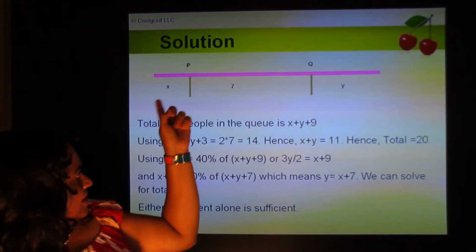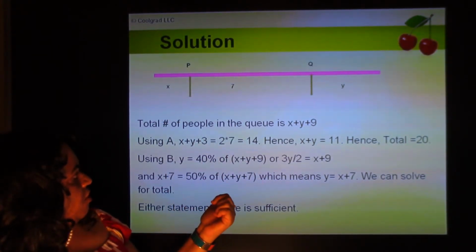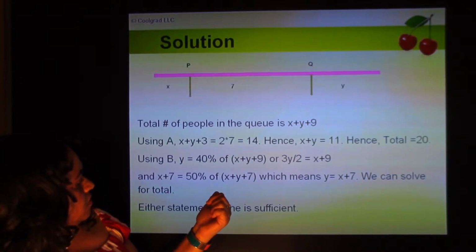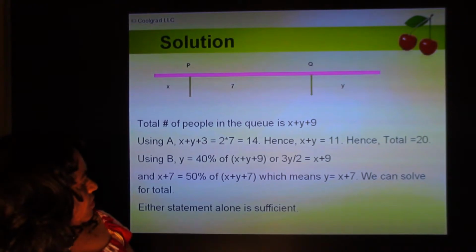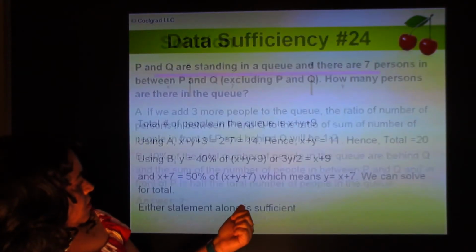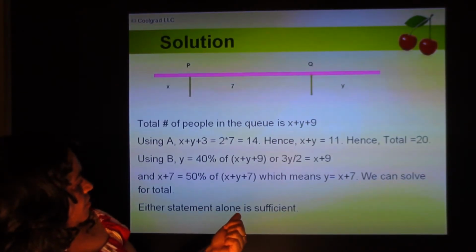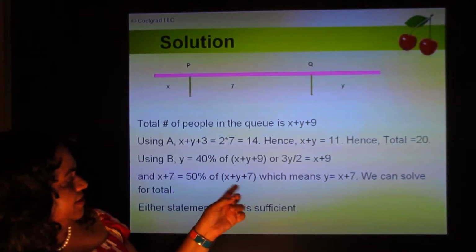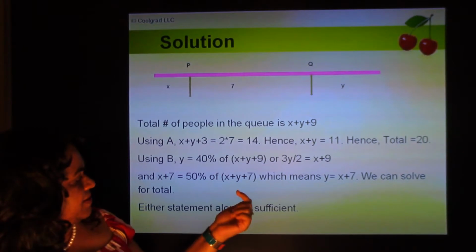So 7 plus X is equal to 50% of the total number of people in the queue. So 7 plus X is equal to 50% of X plus Y plus 9. There's a mistake here, it should be X plus Y plus 9.